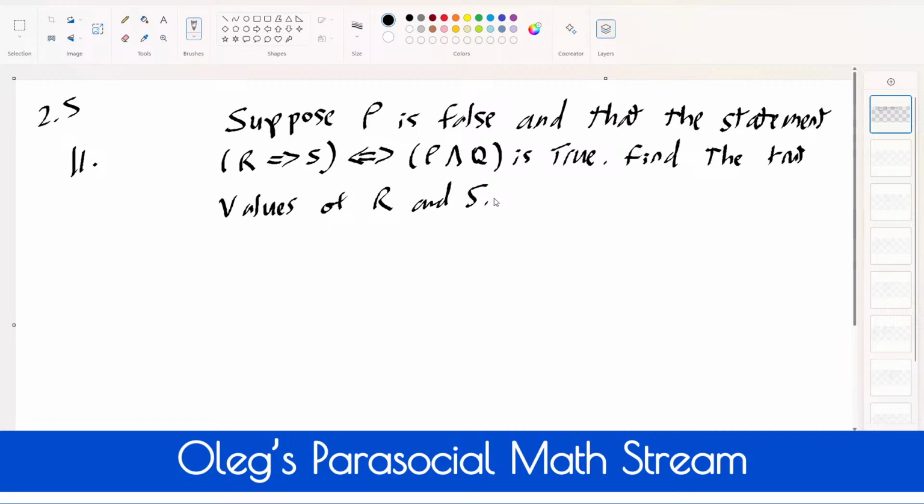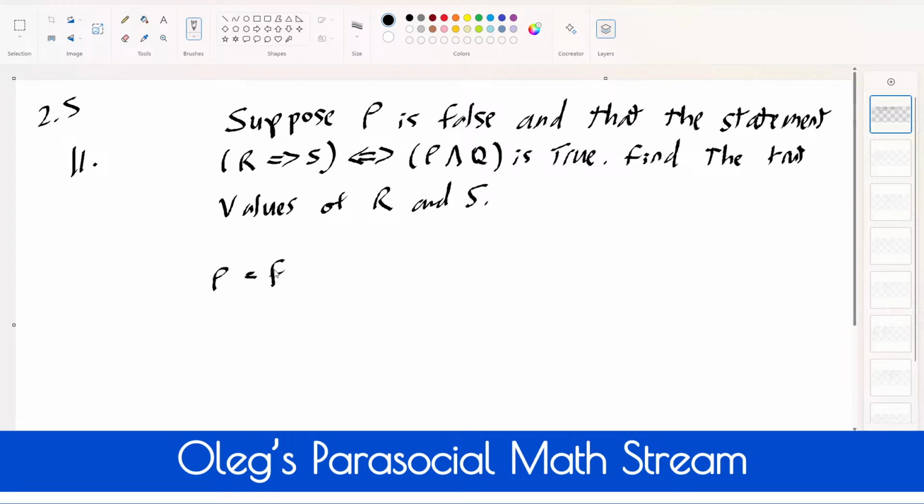Okay, so we know that. So what happens? P is false. So if Q is false, then P or Q is false.